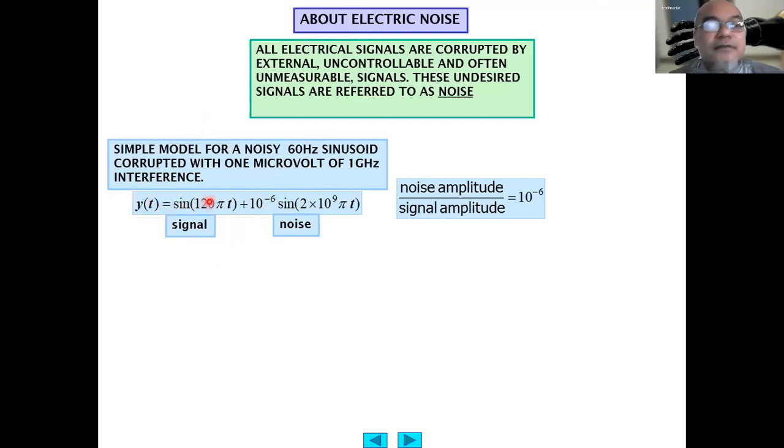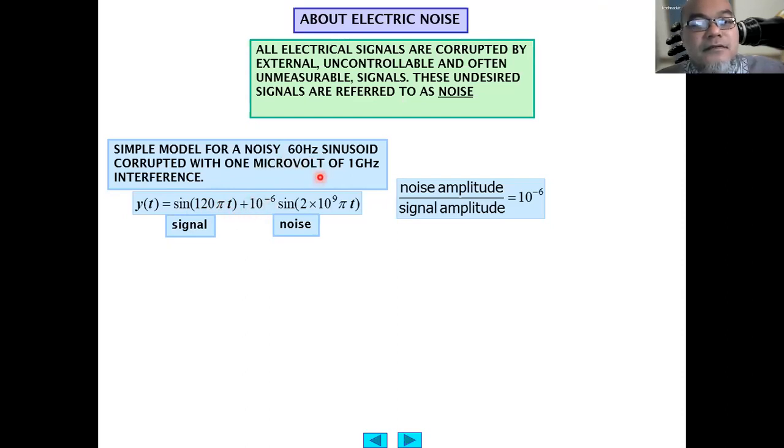So y(t), the overall signal, will equal the superposition of the signal we want to process, sin(120 pi t), plus the noise. The frequency is 60 hertz, from 2 pi f t. Remember from sinusoids in physics. So the frequency is 60 hertz, 2 times 60, 120 pi t.